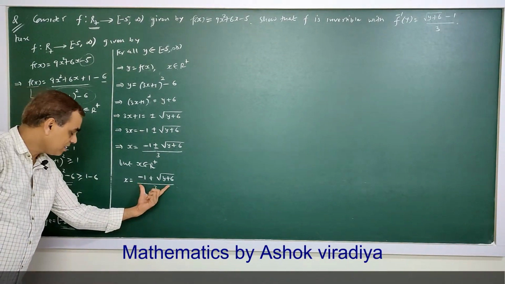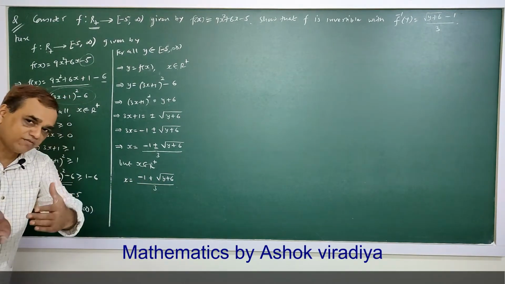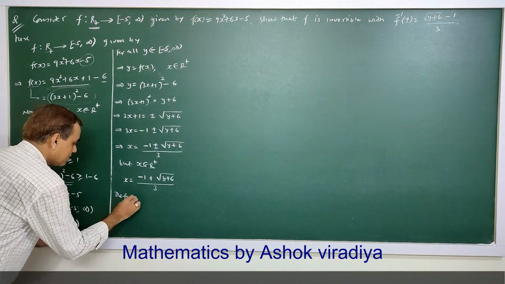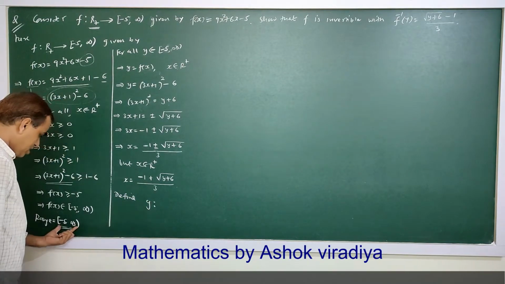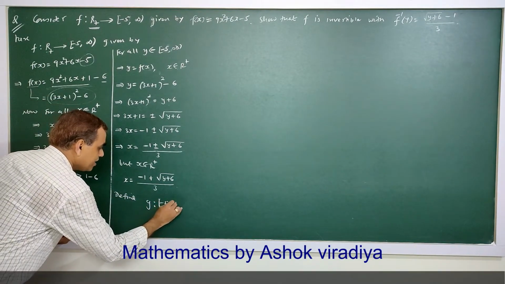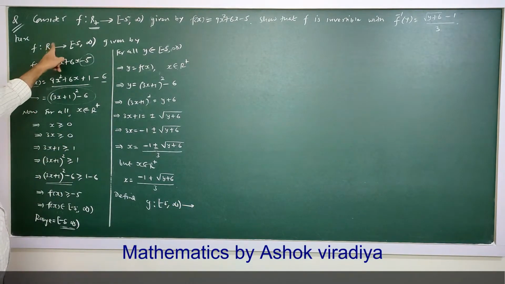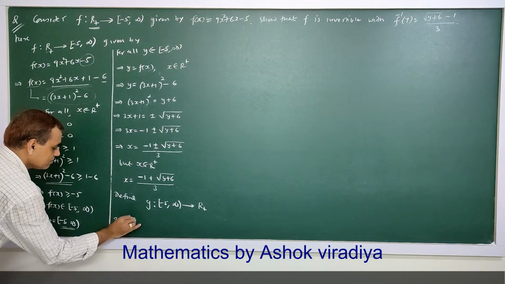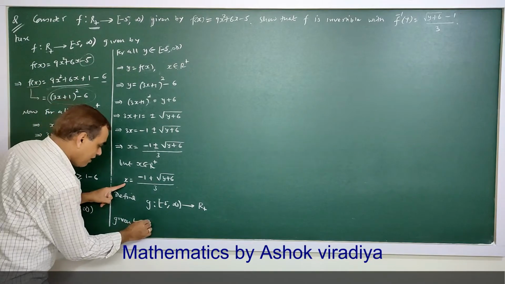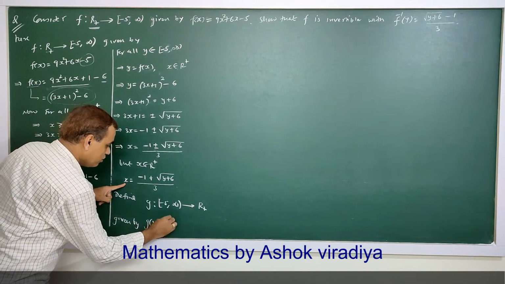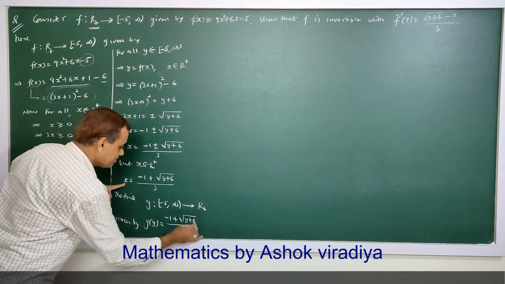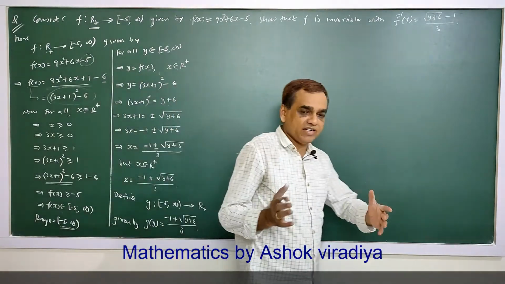This formula, this value of x, gives the formula for g, and this gives the domain for g, which we are now defining. So now define function g whose domain is minus 5 to infinity, its codomain is R plus, given by g(y) equal to (minus 1 plus root y plus 6) upon 3. So a new function is defined.